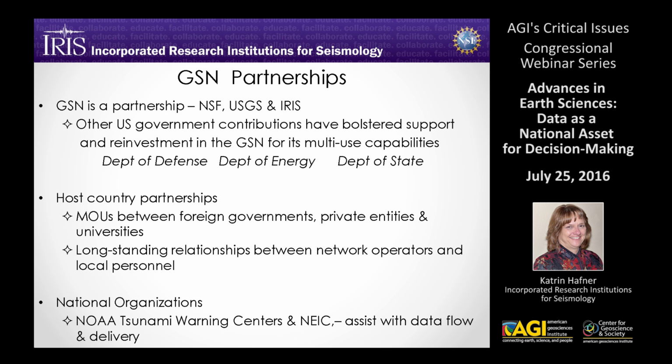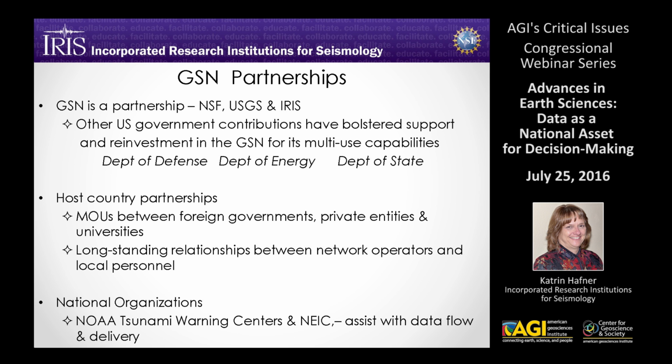The Air Force is interested in monitoring for nuclear tests. The Department of Energy is interested in seismic hazards around nuclear power plants. Because of their missions, they're particularly interested in keeping this network going and having continual access to the data.